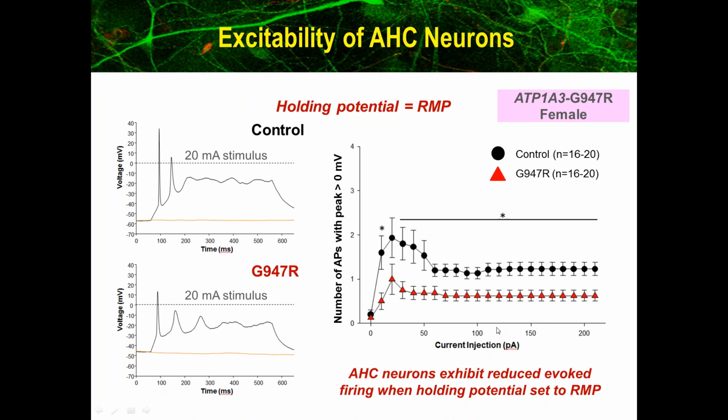When we do that, we see that for the normal or healthy neurons, we get between 1 and 2 action potentials all along the way with different levels of current injection. With AHC neurons, the best we can do is 1, and sometimes we don't even get 1, so it averages out to be less than 1. So there's a diminished ability of the neurons to fire.